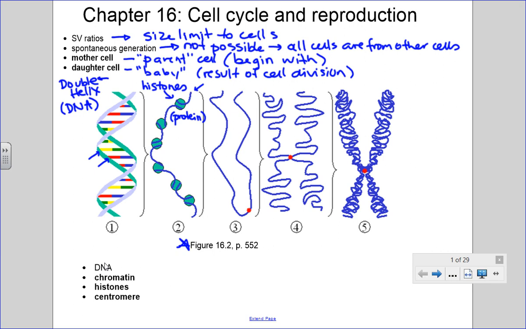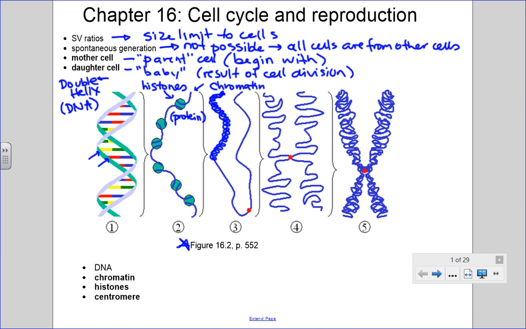As we zoom out a little bit further, we have what we would call chromatin. Chromatin is a long strand of DNA that has wrapped itself around histones. And if you were to look really closely at chromatin, it's not one single line, but it's actually a twirly line wrapped around histones.